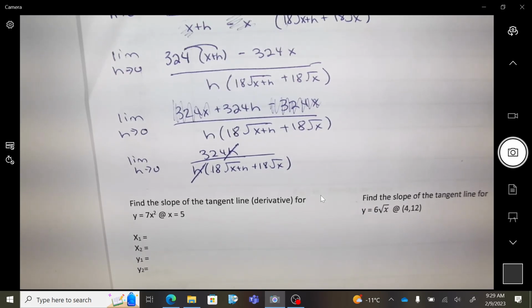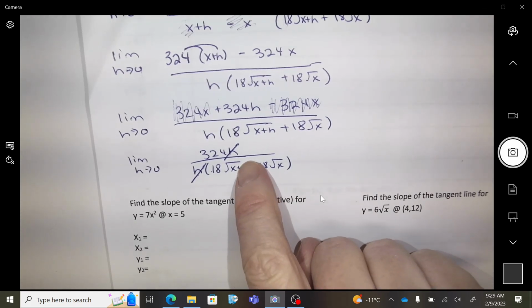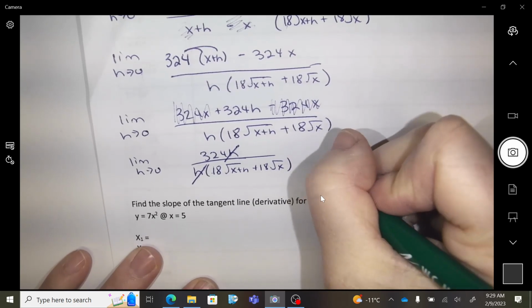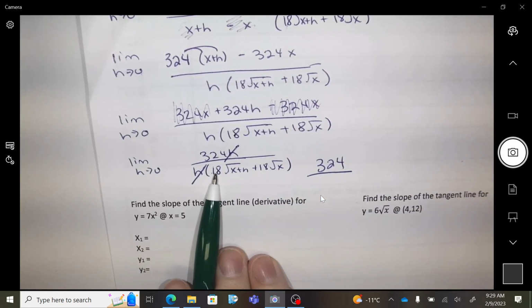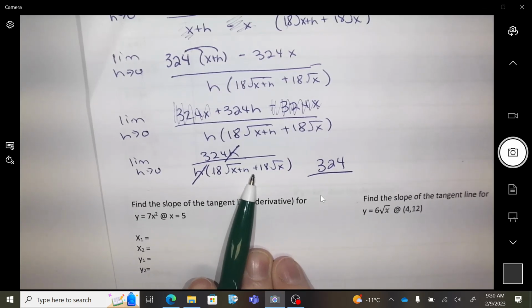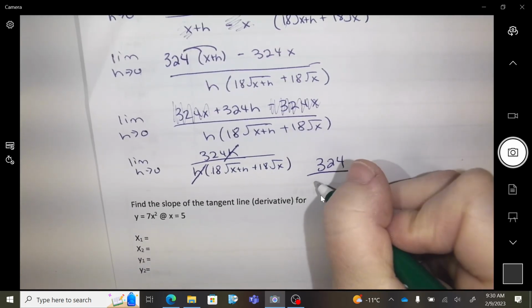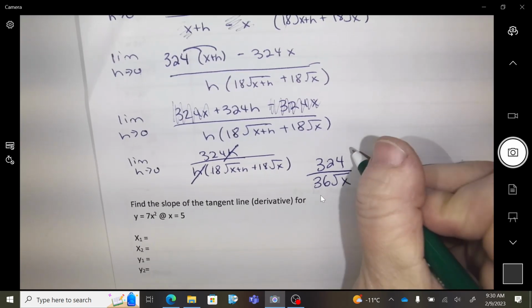And as soon as you're done canceling that h, you're now ready to apply the limit stuff. So I can plug in 0 now. So what do you get if there was no h on that spot? So it would be 18 root x plus another 18 root x, making 36 root x.